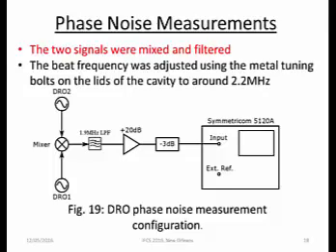Then we mixed the two frequencies to get a beat note at about 2.2 megahertz. We used a low pass 1.9 megahertz filter in order to filter out the higher harmonics so that they're at least 30 dB lower than the fundamental beat note. The amplifier and attenuator were just used to bring the signal level to acceptable power for the Symmetricom measurement system.